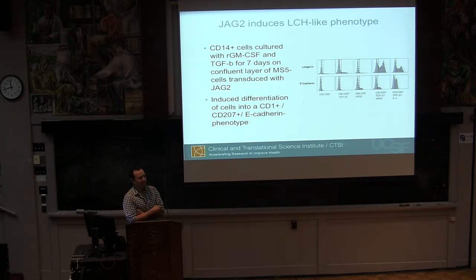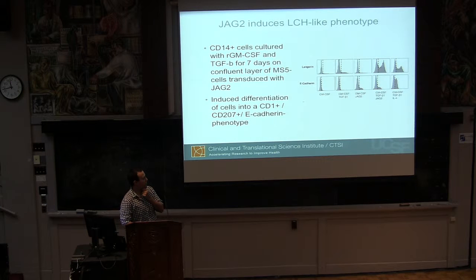And then they also looked at E-cadherin, which tends to be on dendritic cells. Their big point with this is that Langerhans cells have CD207, but they do not have E-cadherin.